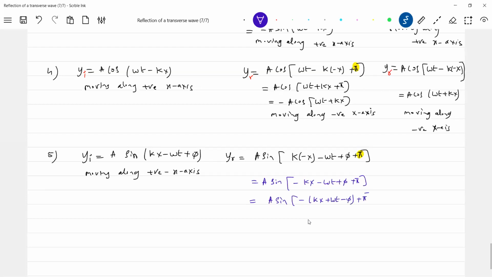Let me take help of mathematics here now. What is a sine? I think am I right?